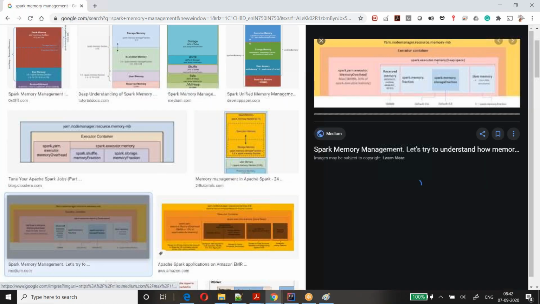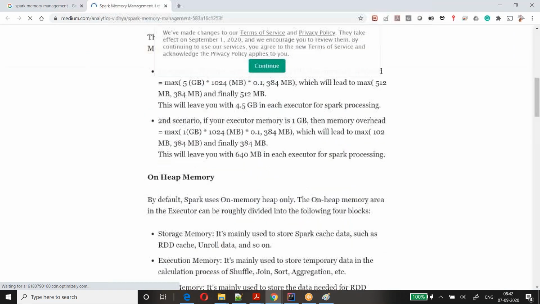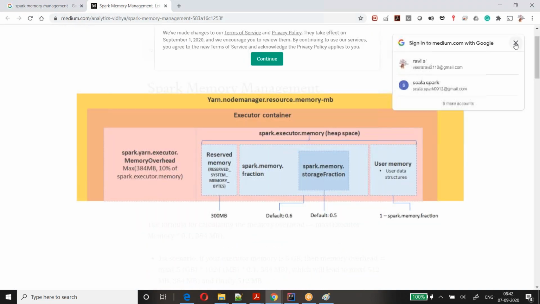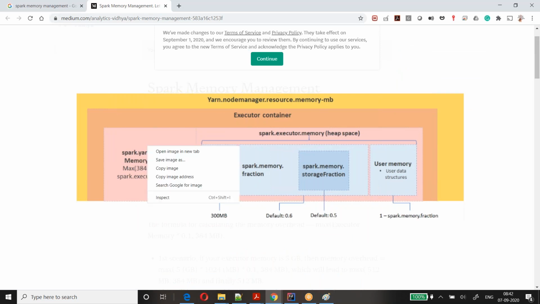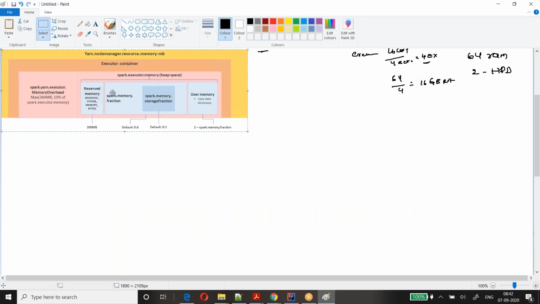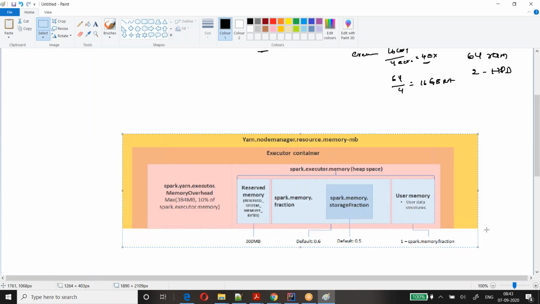Yeah, this one. Is this clearly visible? The names and everything are visible? Yeah, Ravi. Okay.